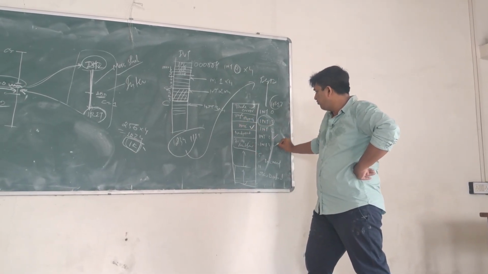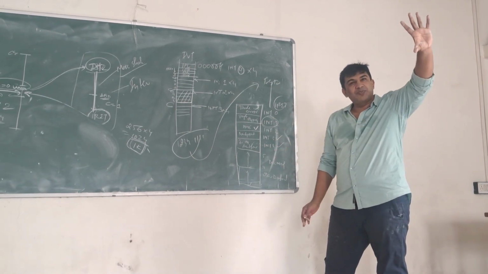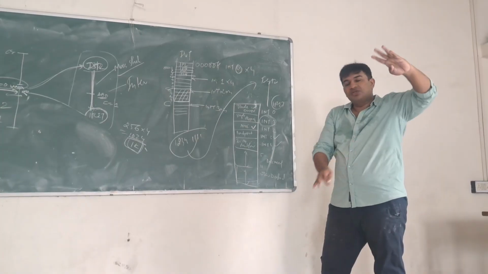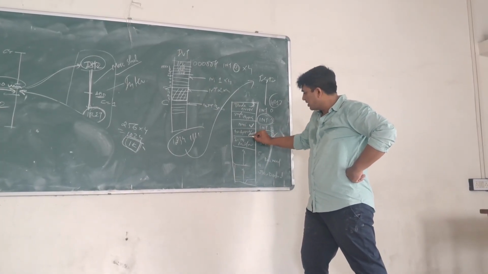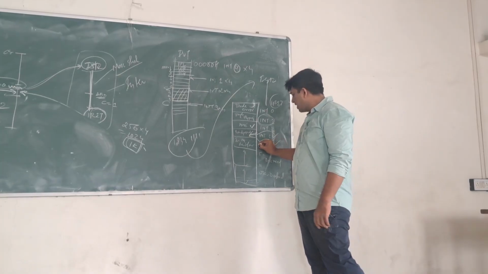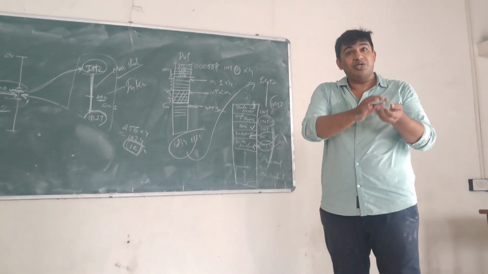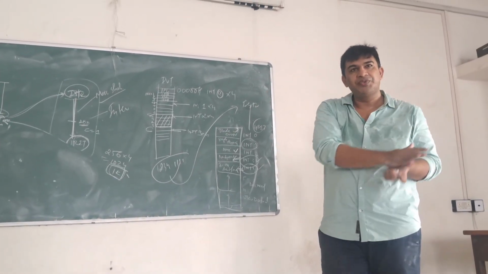INT 3 is the breakpoint. If your code is very big and you know that this much part is okay, you can put a breakpoint there and then execute. That kind of work can be done using INT 3 by executing this ISR. And the last is INT 4. The overflow flag will get set when your answer goes beyond the range. We are already studying the flag register, sign flag, overflow flag.